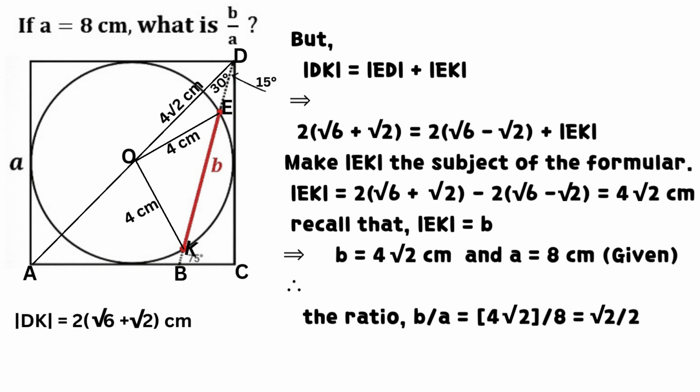We have that line EK equals 4 times the square root of 2 centimeters, after simplification of substituted values. Recall that line EK equals B. This follows that B equals 4 times the square root of 2 centimeters and A equals 8 centimeters. Therefore, the ratio B is to A equals half the square root of 2.